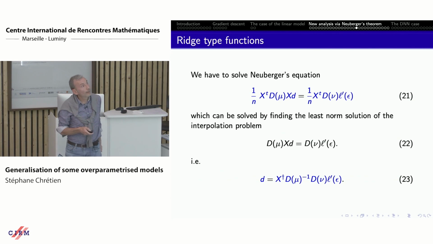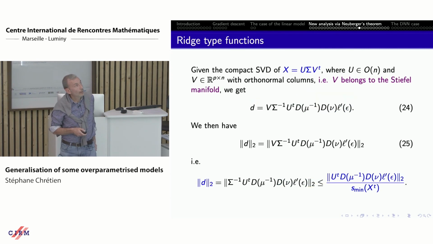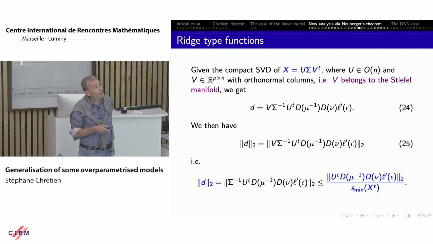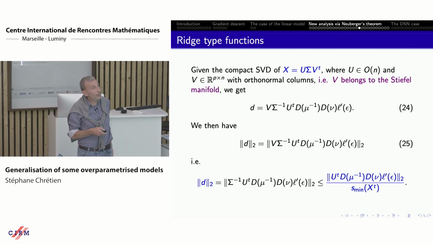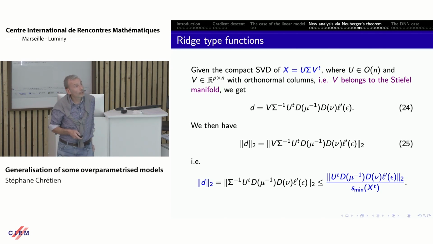By solving that system, taking the solution with the smallest norm gives you this, and expanding this expression, you obtain this. Of course, here is the diagonal matrix of the singular values, so you can have this bound, and it remains to have a probability bound for this quantity.